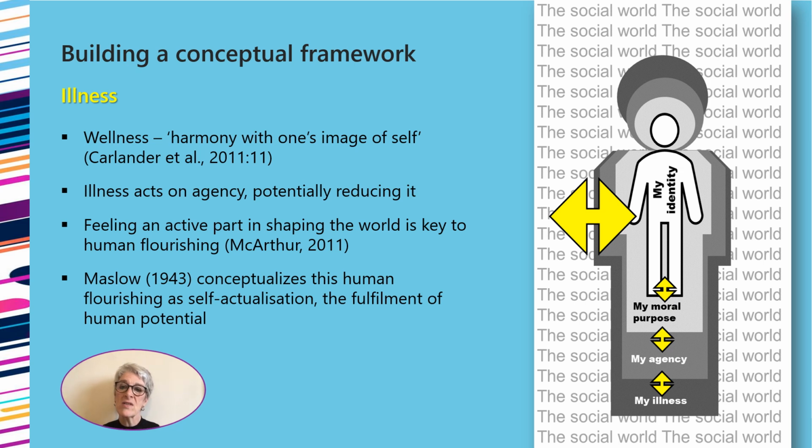And Maslow conceptualises human flourishing as self-actualisation, the ability to be the best person we can be, to fulfil our potential. Illness can sometimes make us feel as if that best version of ourselves is no longer available.